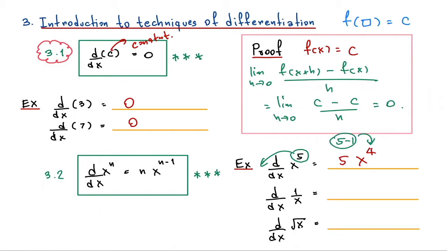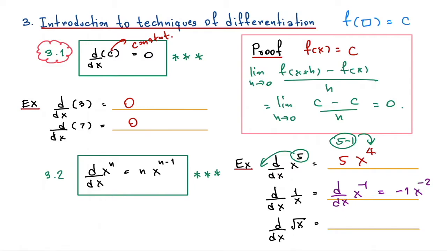Make sense? Here, the derivative of 1 over x is the derivative of x to the minus 1, right? So if you come across 1 over x, you think of it as x to the power of minus 1. And in that case it is minus 1 times x to the power of minus 2.